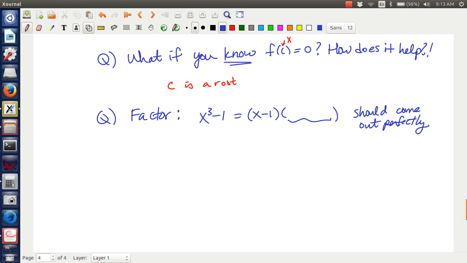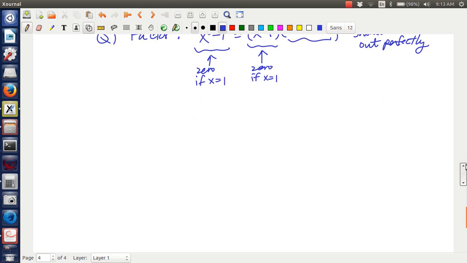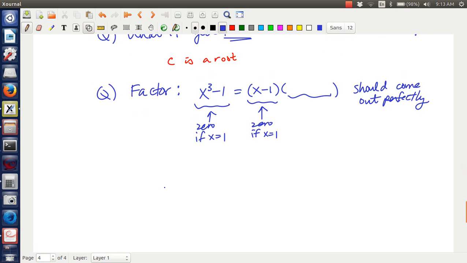We don't know what that answer is, but this is 0 if x equals 1. So this piece is 0 if x equals 1 also, and then we don't expect that to happen on the other piece. So we go ahead and divide this. The only problem is, of course, we have to put in these extra 0 pieces, but we don't really mind doing that. It's a small price to pay for factoring a polynomial.